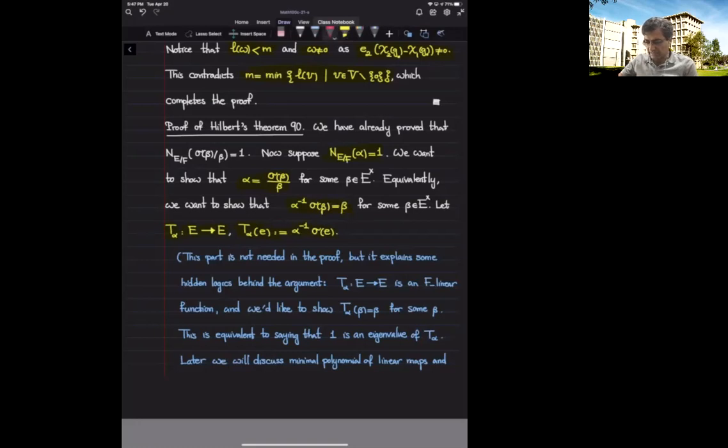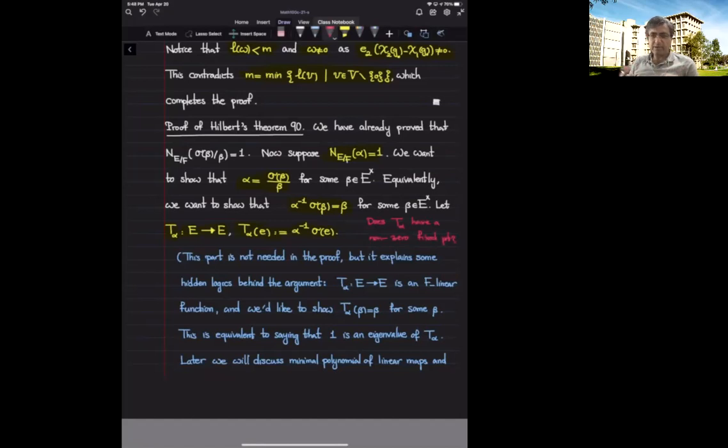So we're asking, does T sub alpha, which is an F linear map, have a non-zero fixed point? An alternative way of formulating it is asking, as an F linear function, does it have eigenvalue 1?